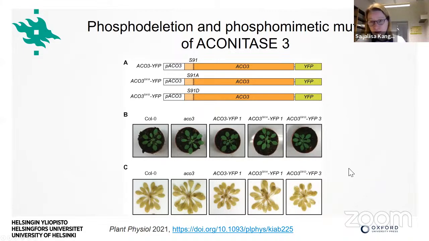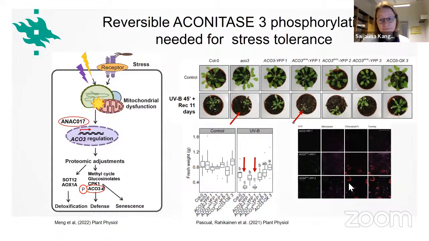And in normal growth conditions, these plants were growing just fine. There was no evidence for accumulation of reactive oxygen species in any of the genotypes, and they were just very, very happily growing and reproducing as normally.